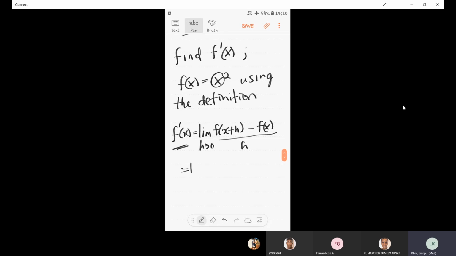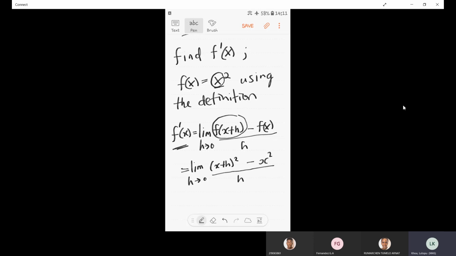Now when I substitute, I have the limit as h goes to 0. For f of x plus h, I replace x with x plus h, so I have x plus h squared. Then f of x is just x squared, and I divide this by h.